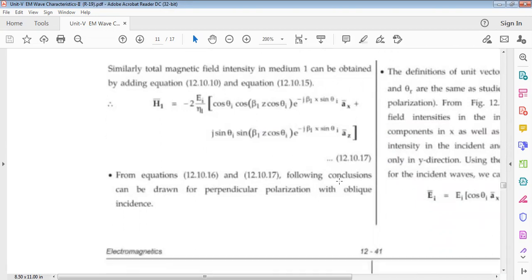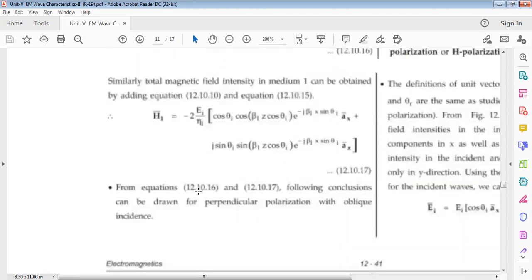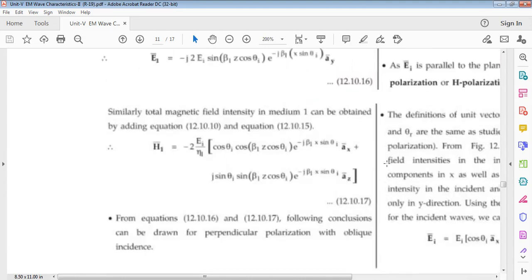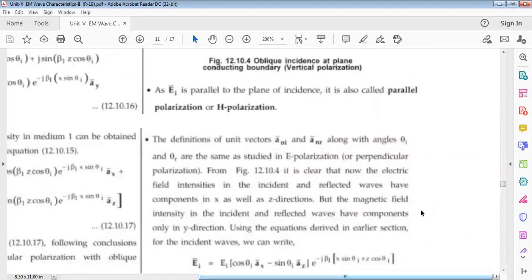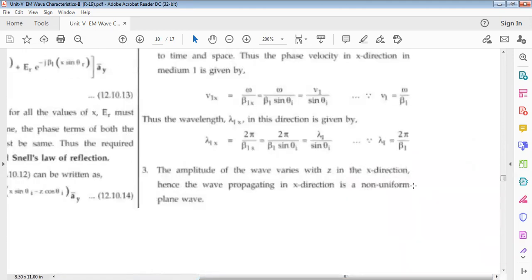And after getting the E1 bar and the H1 bar, the combination of EI and ER, changing theta r as theta I, and ER as minus EI, from the equations the following conclusions can be drawn for perpendicular polarization with oblique incidence. With oblique incidence, let us see here.